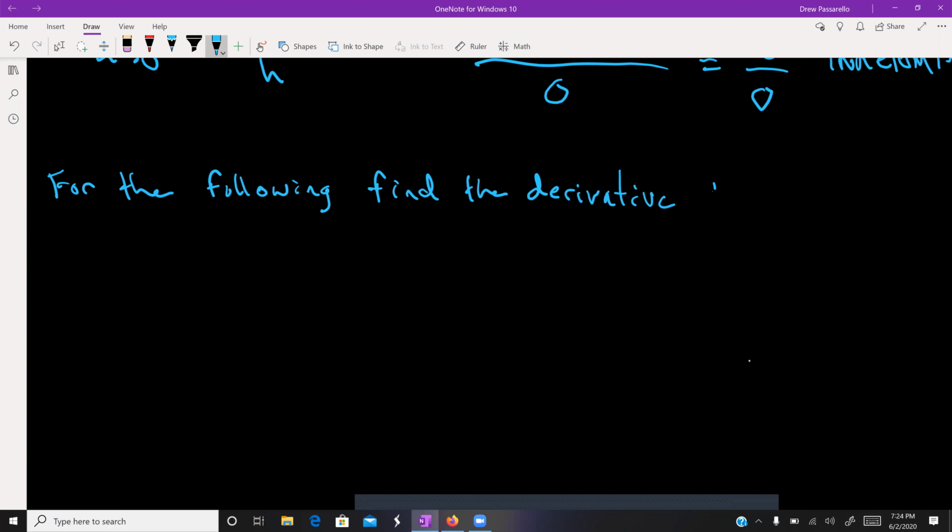Again, they use f prime of x as what it's called. So number 17 in the textbook, the function f of x is equal to negative 5x. Now notice there's no point given in this question. It's just the function. So the end result is going to be a function.